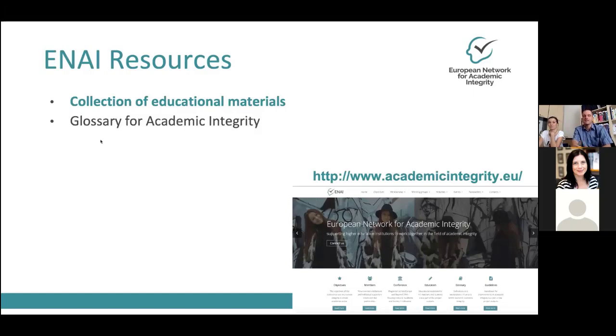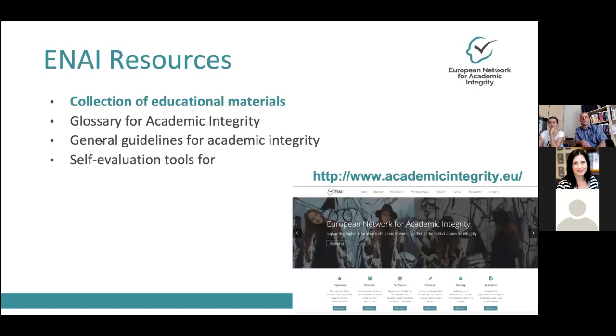The slides and the reports of this workshop are there. There is also glossary for academic integrity containing the definitions of terms. There is a large document, general guidelines for academic integrity, which can be used when designing institutional policies and when thinking of measures against not only plagiarism, but also other forms of misconduct.